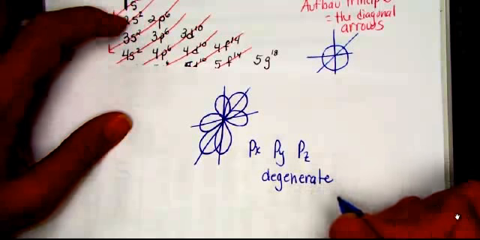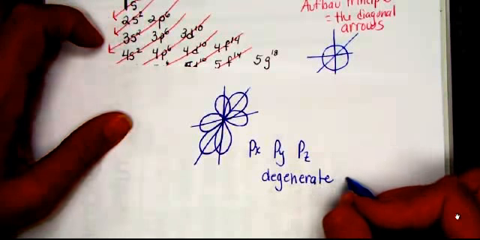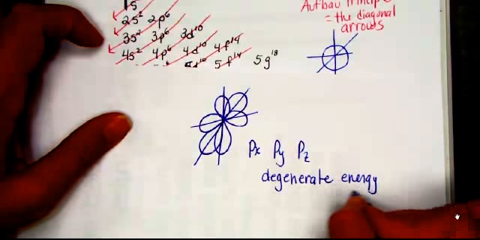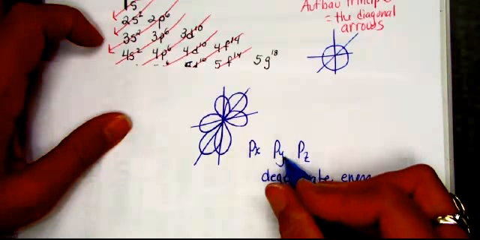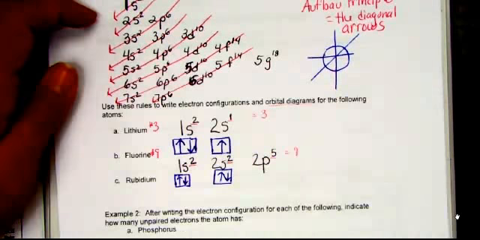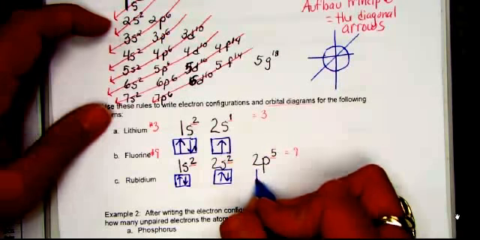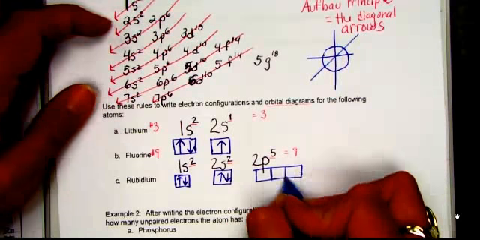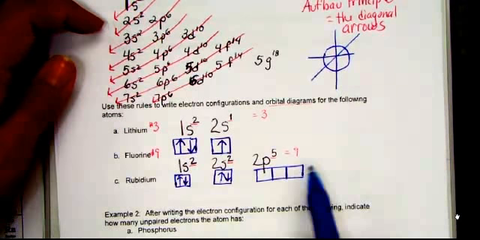We wrote ourselves a note in the last video lesson. Degenerate means the same, the same energy level. Px is the same as py is the same as pz. Now let me model what I mean. When I place my electrons into the p sublevel, there are 3 spatial orientations.